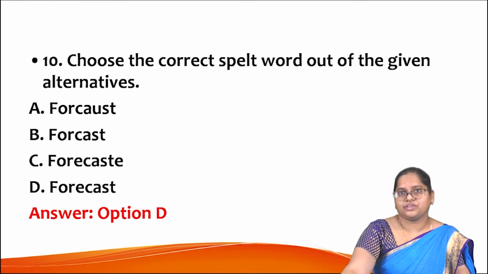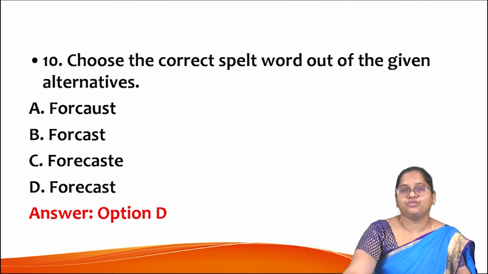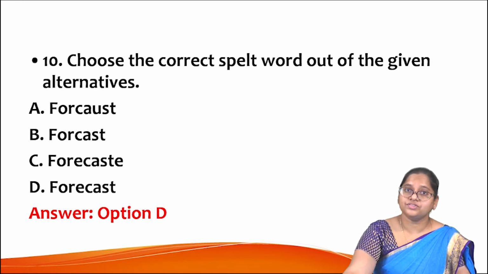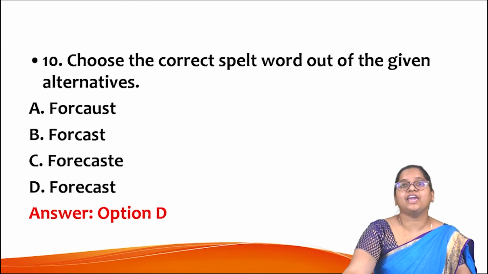Next, 10th question. Choose the correct spelled word out of the given alternatives. Forecast. A, B, C, D. So now, what's the right word? Forecast. See, it's not forcaust.